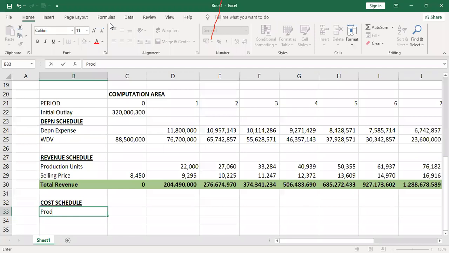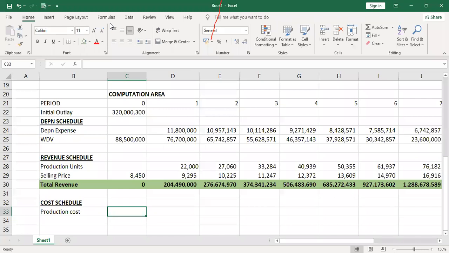Production cost will also bring the production cost in period 0, because this is the planning period.